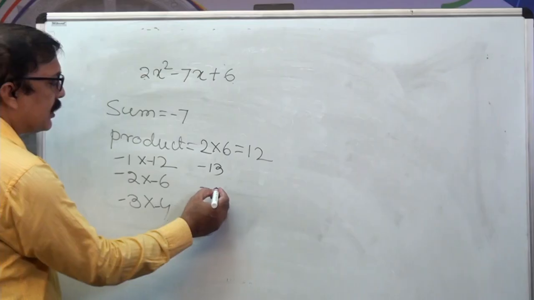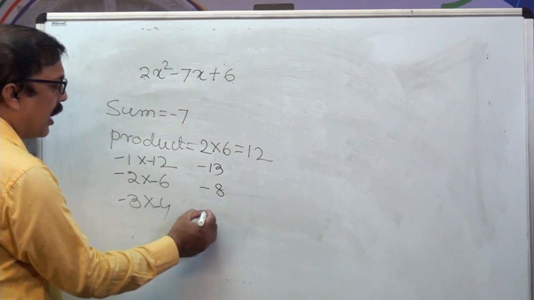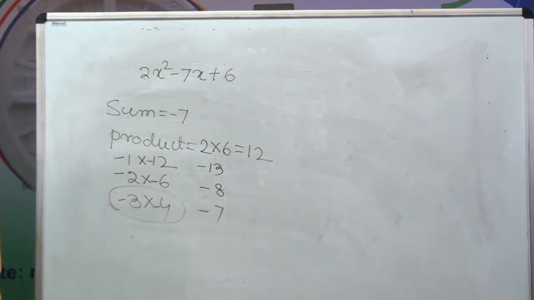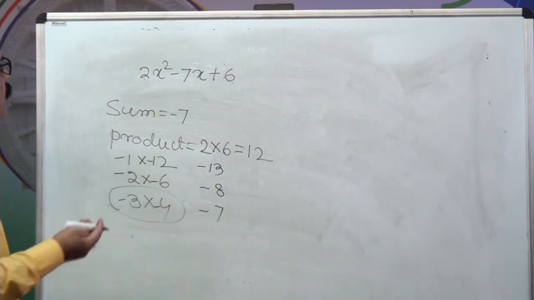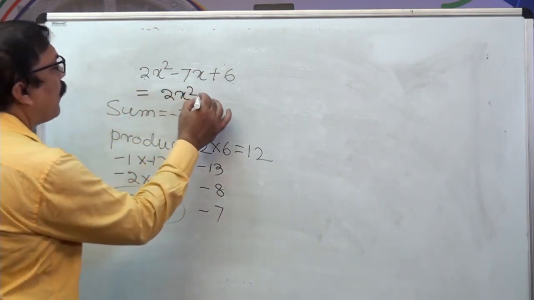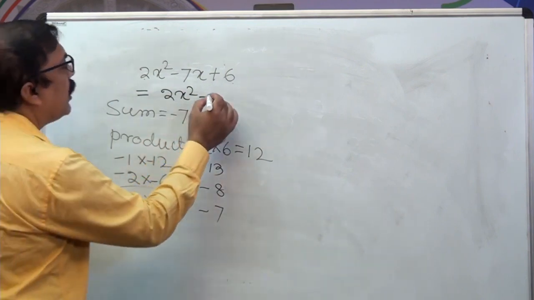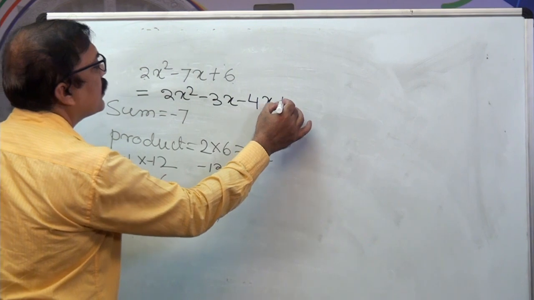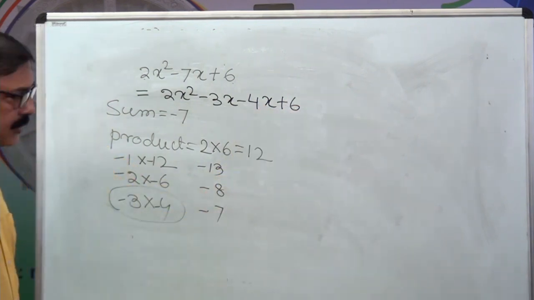In the second case, it is minus 8. In the third case, it is minus 7. So this is our choice. We can take minus 3 and minus 4. So we can write 2x square minus 3x minus 4x plus 6.